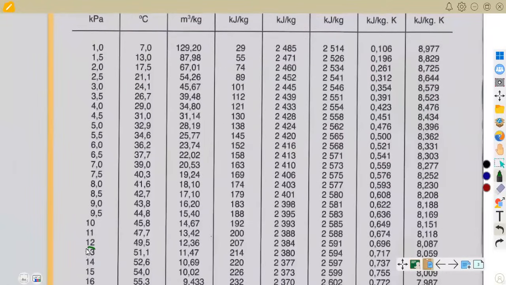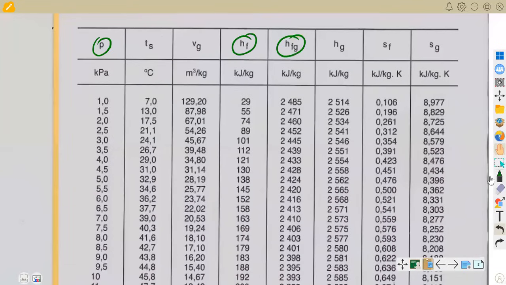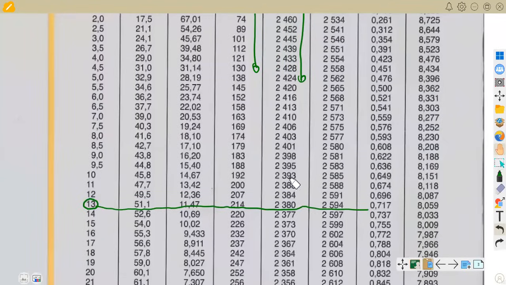So the pressure of 13 kilopascal corresponds to these values here. This is the column for HF. This is the column for HFG. Under the column of HF here, we've got 214.